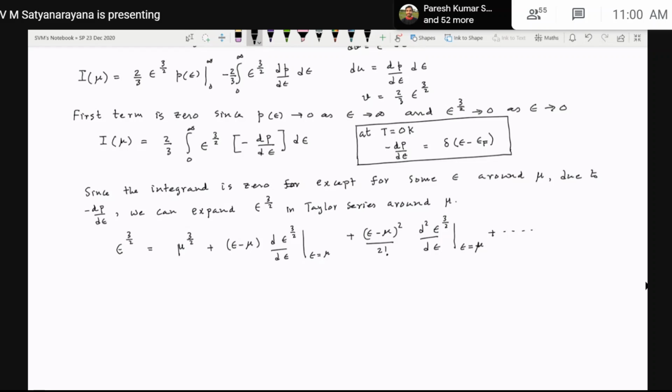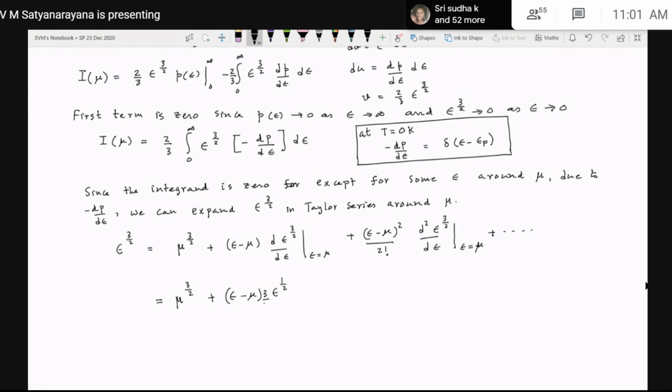Okay, so what is this term? This is 3 by 2 epsilon to the power half. And this is 3 by 2 into 1 by 2 into epsilon to the power minus half. So I have at least these three terms. Let me write down mu to the power 3 by 2 plus epsilon minus mu into 3 by 2 into epsilon to the power half.